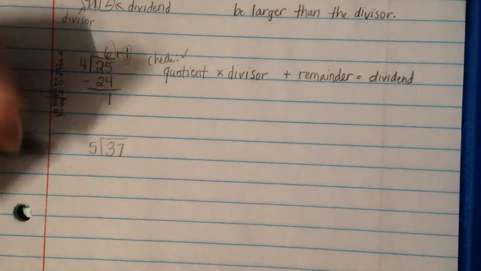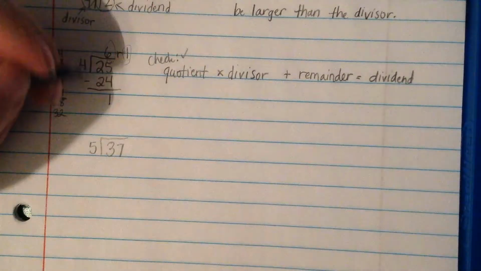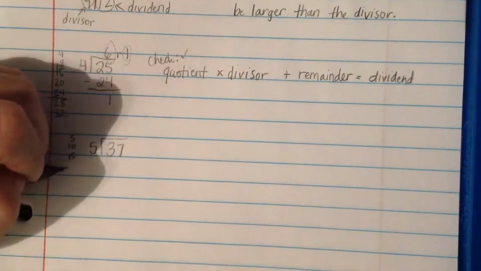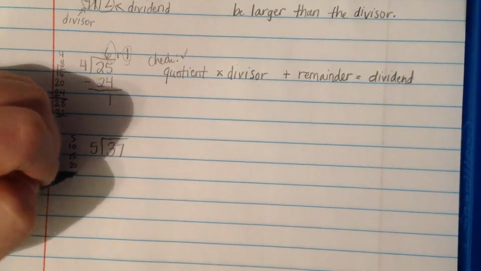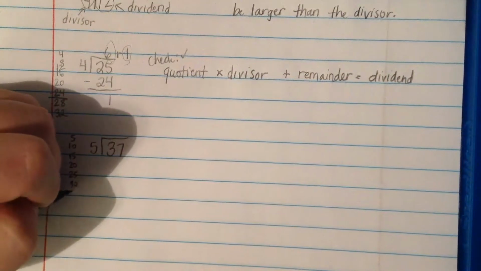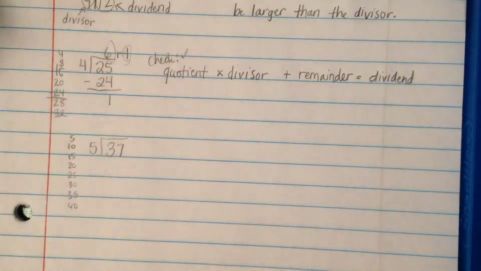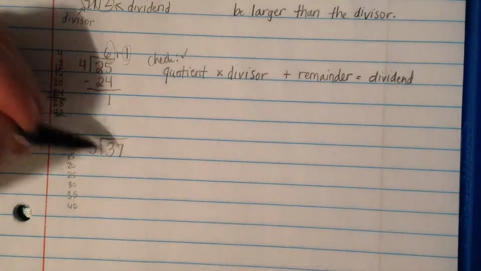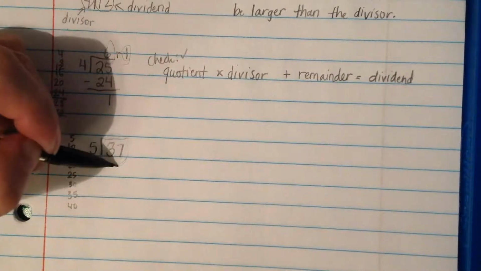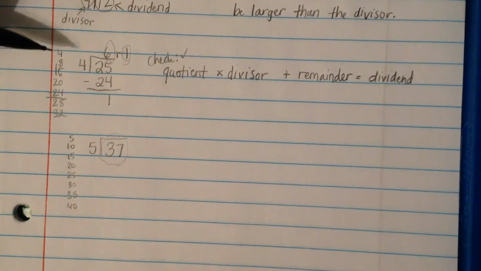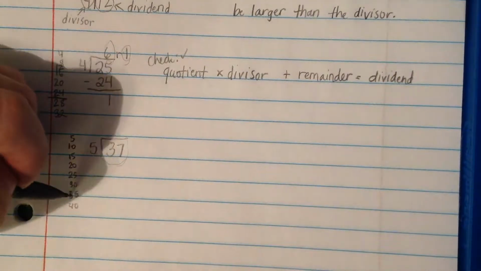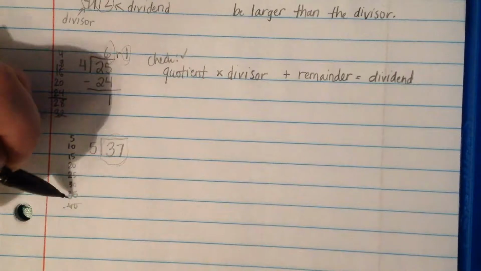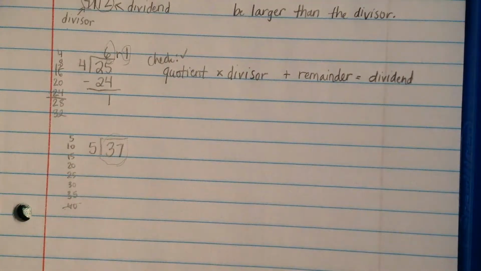Again, I want to put my multiplication facts over here to the side. 5, 10, 15, I'll do it right this time, 20, 25, 30, 35, 40. So I just make my list of my multiplication facts out to the side. I'm looking for a number that's just less than 37. It cannot go over 37. I get to 35, and then I get to 40. Well, 40 is too big, so that means 35 is my next closest.